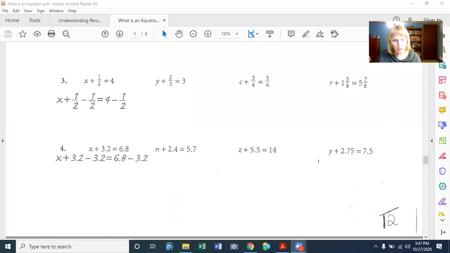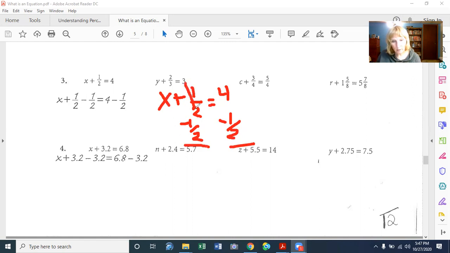What about something like this? You have x plus a half equals 4. You do the same thing. You have to subtract 1/2 this time. So you have to subtract a half from both sides, minus 1/2, both sides of the equals. And if I do that, I'm left with these canceling out again.